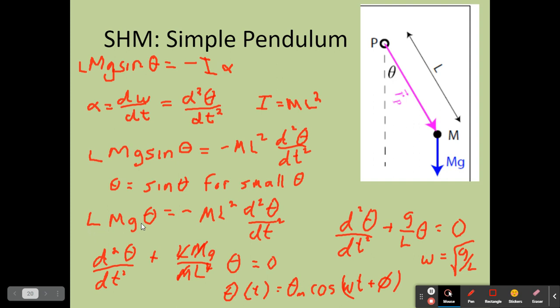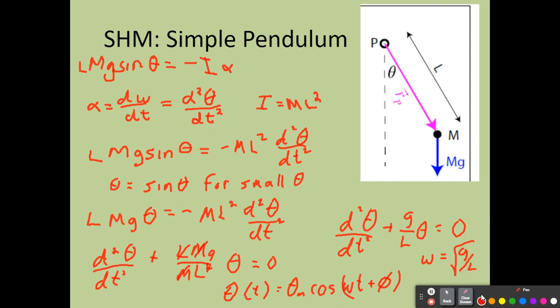So L m g theta, because we can replace the sine with a theta, is equal to negative m L squared, second derivative. We rearrange this to put it in the good format. So we divide both sides so that we don't have any coefficients in front of the derivatives. So the second derivative all by itself, rearrange stuff so that it's adding instead of subtracting, and that's going to end up with this equation.